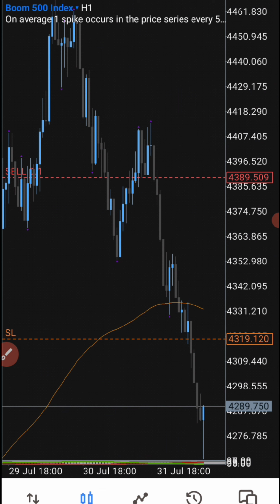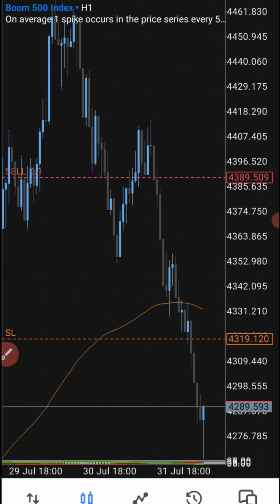It could be a trend line break, it could be any other pattern, it could be a bearish flag, it could be just any high probability trade, and then you execute the trade, okay, and then follow the steps that I've been showing you guys.